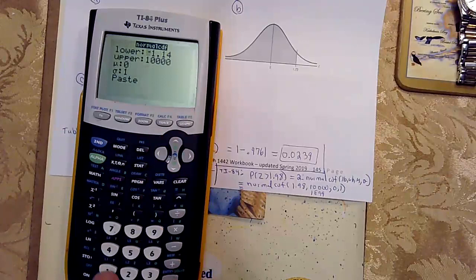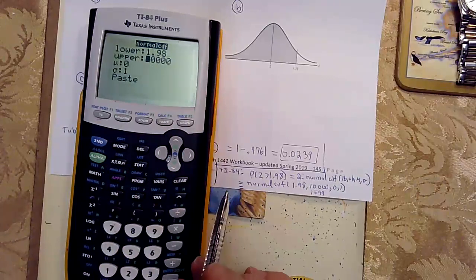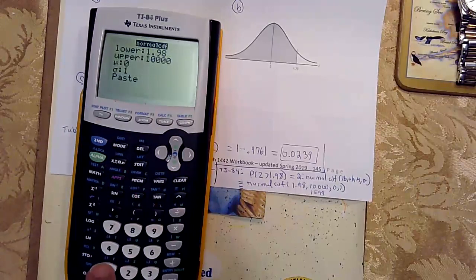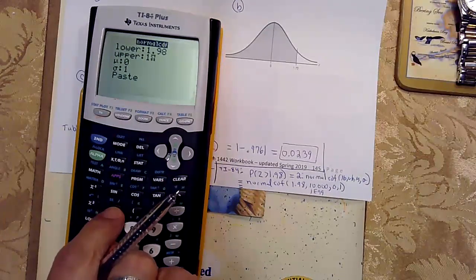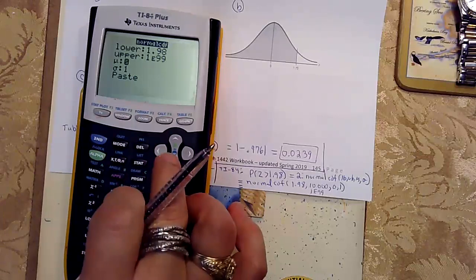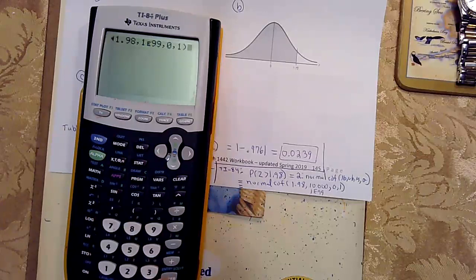And it's 1.98 for the lower bound. And the upper bound, you can use 10,000 or you can use the 1E99. So you would type in 1, and then the 2nd and then the comma, and then 99. And then mu is 0 and sigma is 1.